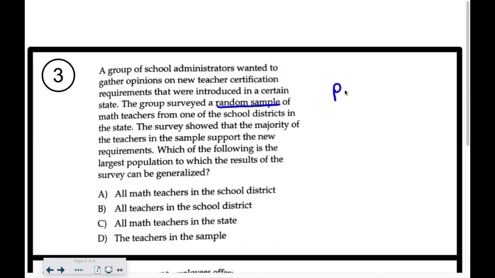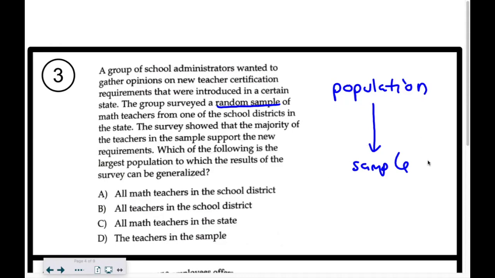We start with a population of people, and then we take a sample from that population. A random sample means that every single person in the population has the same likelihood of being in the sample. So the sample becomes like a smaller version of the population that we can then generalize results to.